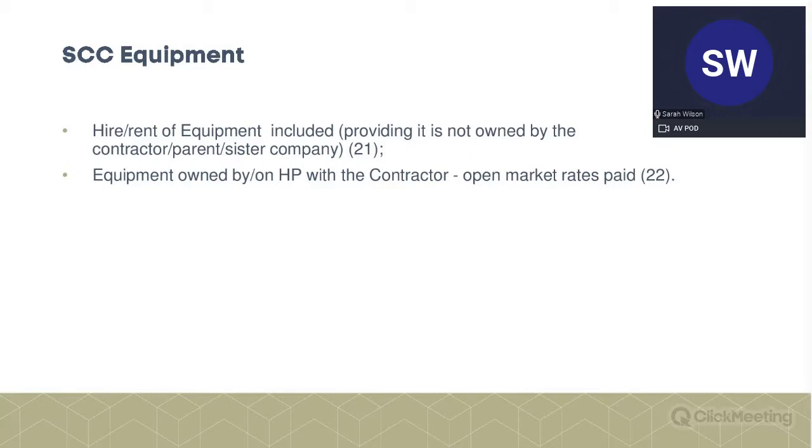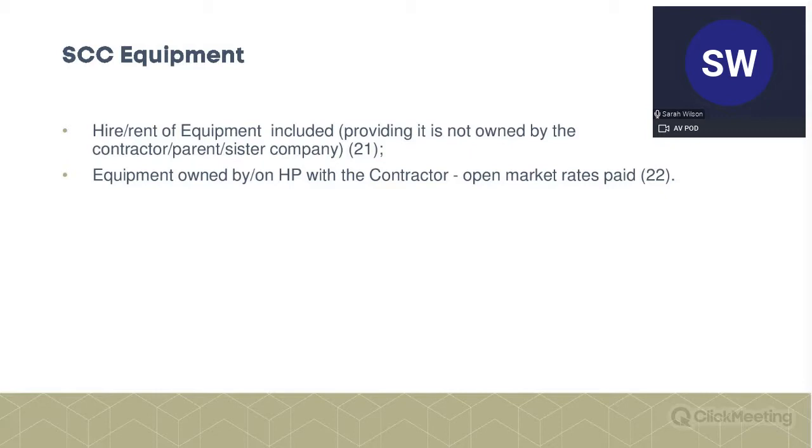As you'd expect, it's a little bit more detailed than the shorter schedule. When you've got the hire or rent of equipment, you get paid whatever you've paid for the hire or the rent, providing it's not owned by you as contractor or subcontractor, or a parent or related company.